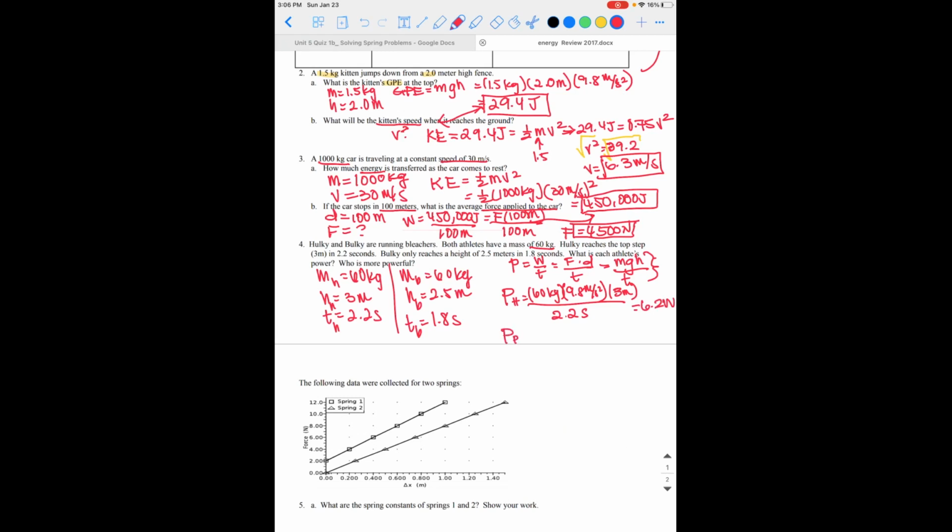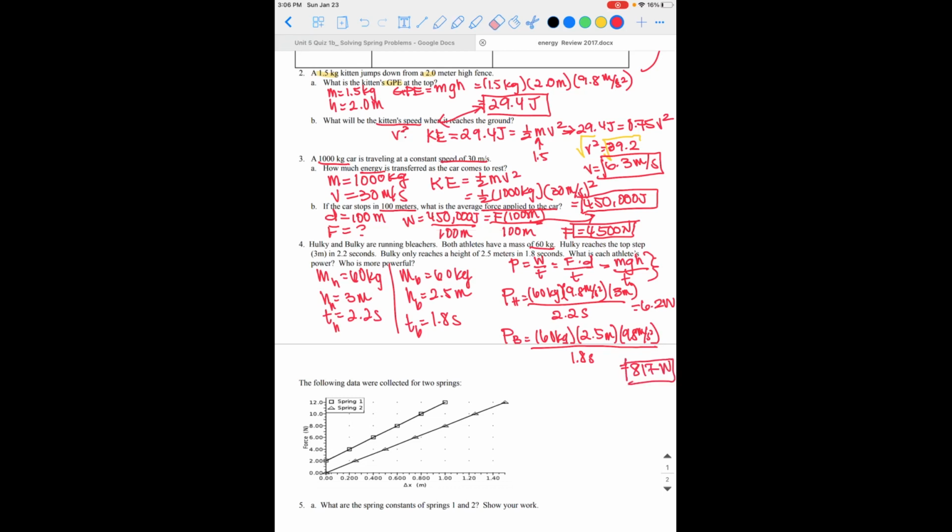The power of Bulky is equal to the same mass. He's going up a smaller height. Of course, I have to multiply that by 9.8, and you divide it by his time, which is less, but his height is less. So let's see what power we get for this one. 817 watts.